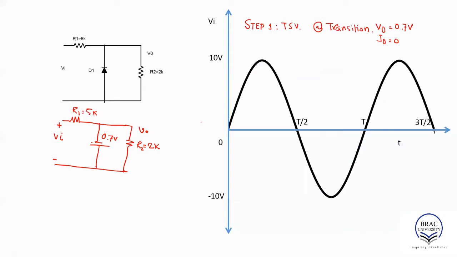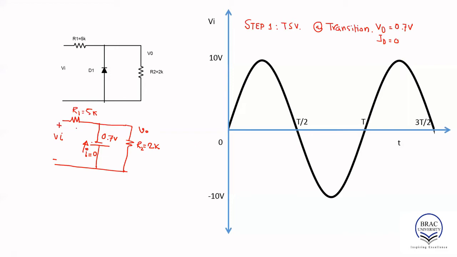All right. Now, since the diode is going through transition, that means the current in this branch, I, is equal to 0. So at transition we know Vd is equal to 0.7 and Id is equal to 0. So I is equal to 0.